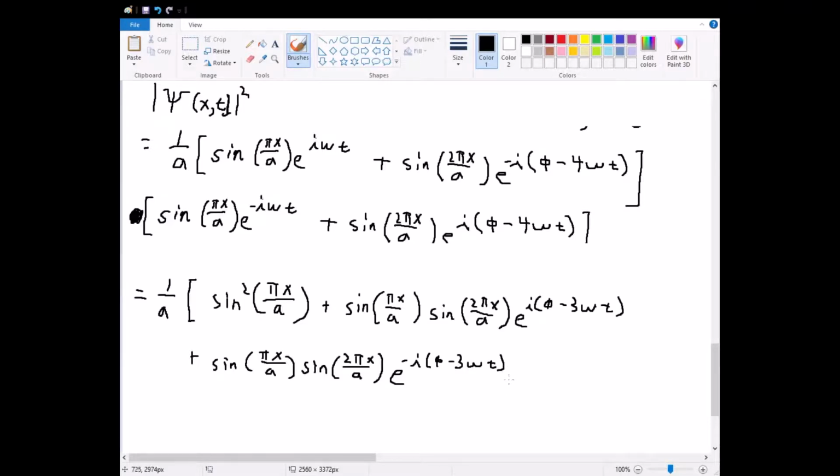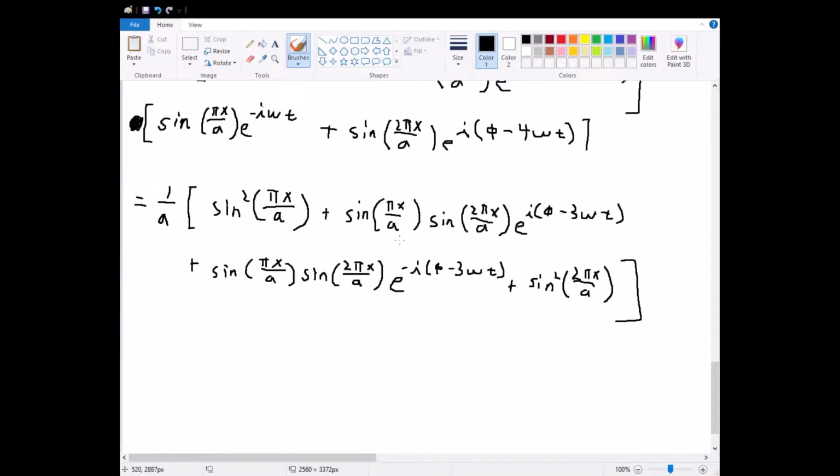And finally, we're going to add the final term, which is the same as the first term, sine squared of 2 pi x over a. And then the exponential just cancels itself out. We're going to do the same thing as before, where we get rid of this exponential by using Euler's law to turn this into a purely trigonometric function.